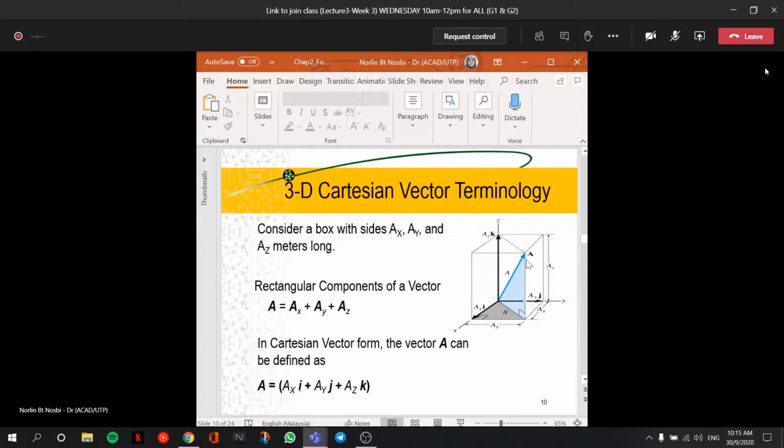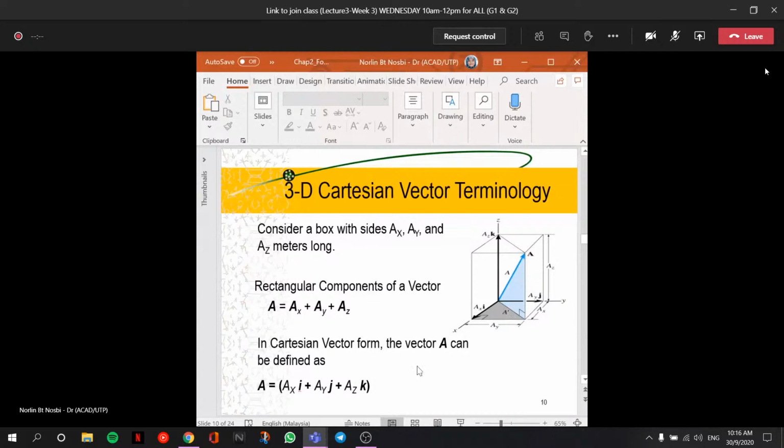When you transform it into a Cartesian vector, it would be axi for the x-axis, ayj for the y-axis, and azk for the z-axis.